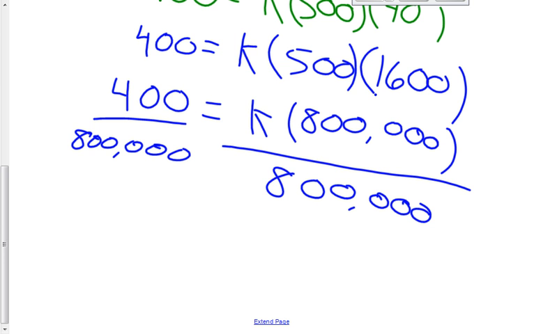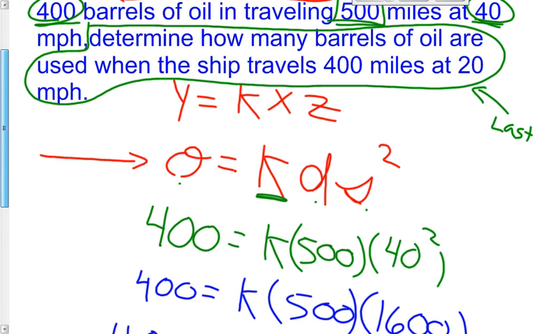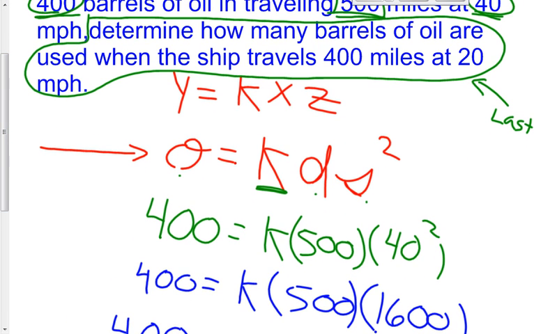So 400 divided by 800,000, our constant of variation K equals 0.0005. So there's our constant of variation. Whew! Very small number, 0.0005. So now that we know what K is, maybe we should write this down again.